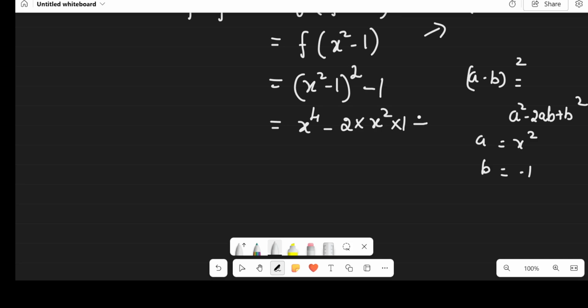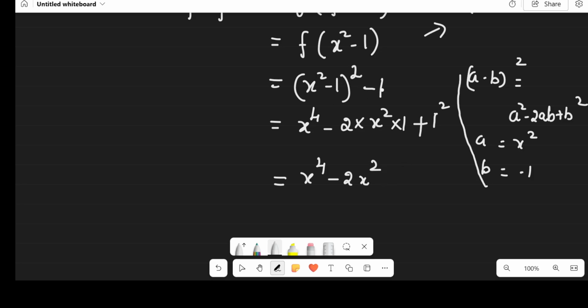Then plus b square means plus 1, right? 1 square is 1. So we can separate this. This is for rough use. And what would be the next step? X power 4 minus 2x square.